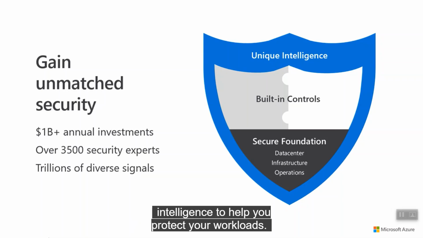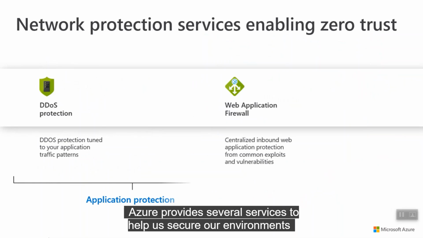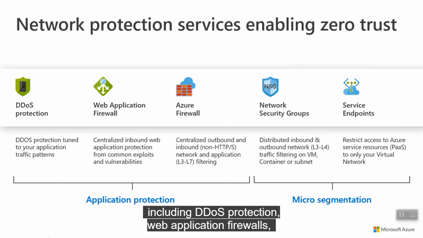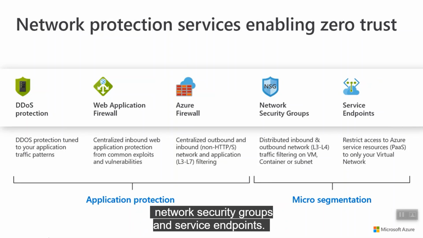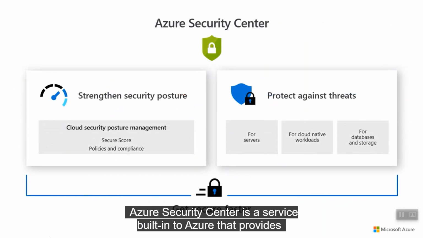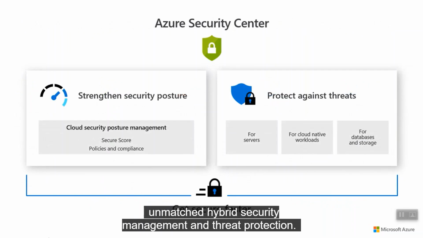Azure provides several services to help us secure our environments, including DDoS protection, web application firewalls, network firewalls, as well as micro-segmentation capabilities within our networks using network security groups and service endpoints. Azure Security Center is a service built into Azure that provides unmatched hybrid security management and threat protection.